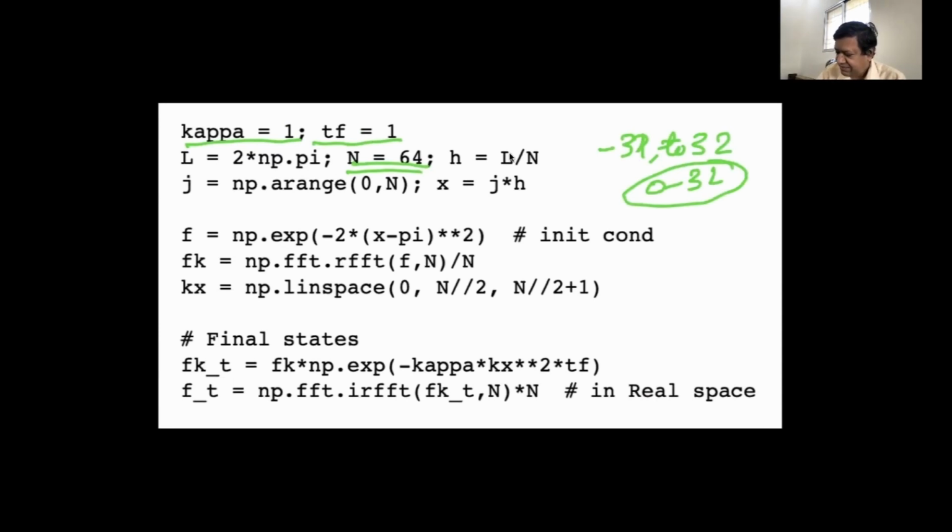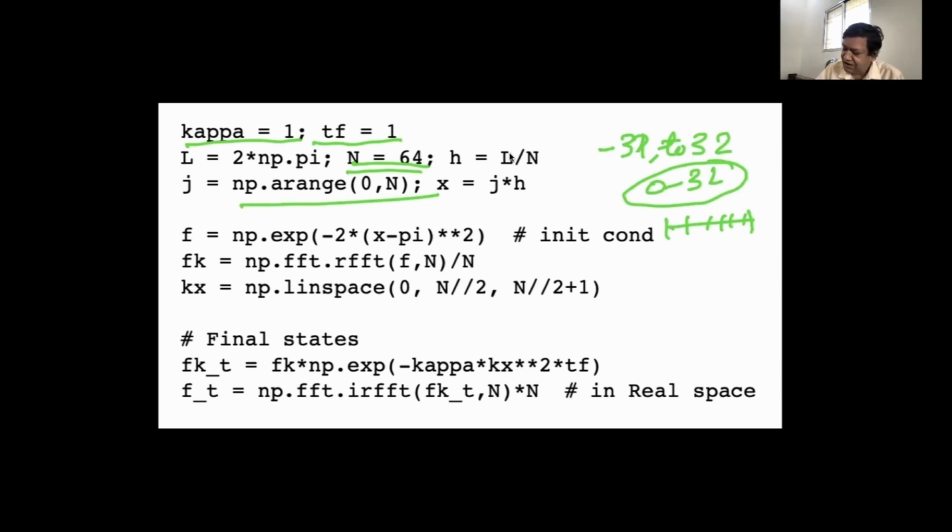Now, we first discretize in real space. We discretize my real space into 64 grid points, and at each grid point I have a real space field. That we need for the initial condition.